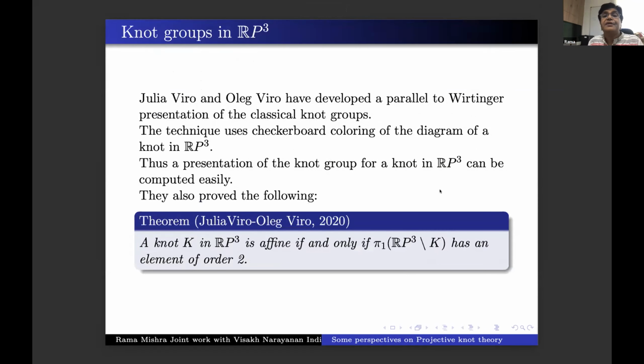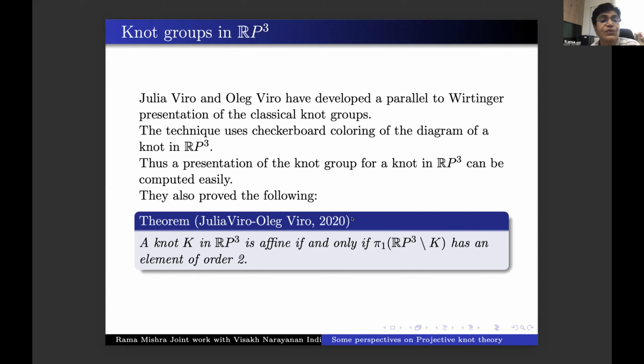Now, like the knot group, pi1 of the complement in classical knot theory was one of the important invariants in the beginning. So similar to that, we could look at pi1 of the complement of a knot in RP3. Julia Viro and Oleg Viro have developed a parallel to the Wirtinger presentation, which helps. That is developed using checkerboard coloring of the diagram, very similar to the way it's done in classical knots.